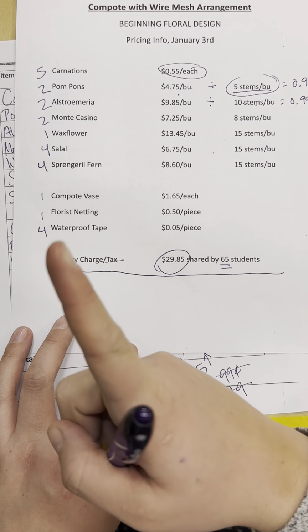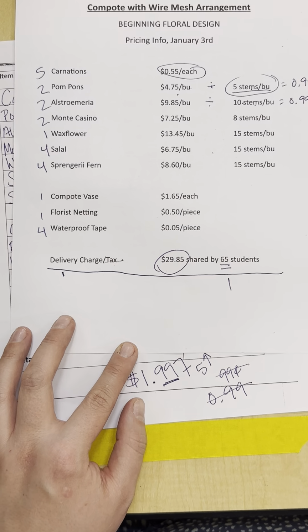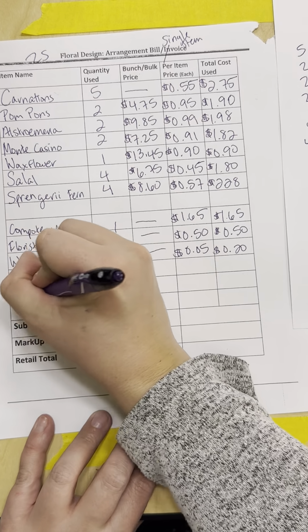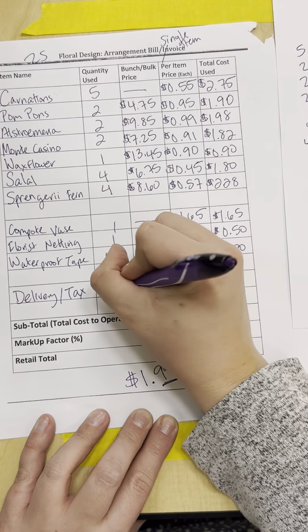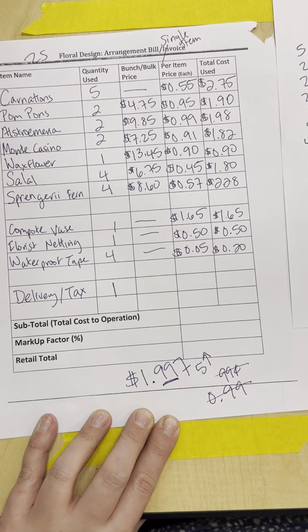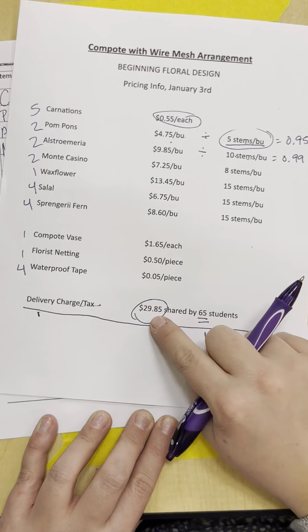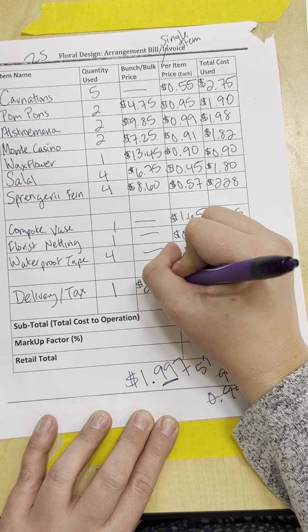You are making one arrangement, so you are one of these students, which means you're gonna pay for 1 share of the delivery and tax charge. So we're gonna add delivery and tax to our cost sheet, and we are 1 person or 1 share of that. We're gonna put the total cost for that as the bulk price.